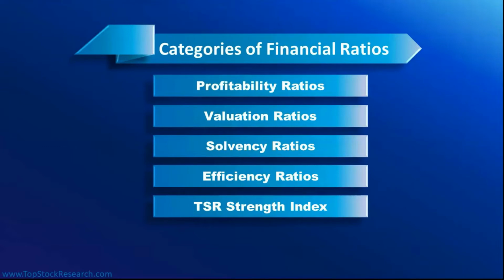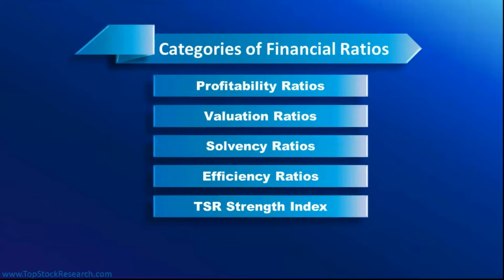The prime objective is to preserve the capital first and then make money. So they'll be typically looking from a solvency perspective. Certain investors would be looking more at how efficiently the company utilizes its resources. So they go into efficiency ratios. So these are the four standard categories which we have in TopStock Research.